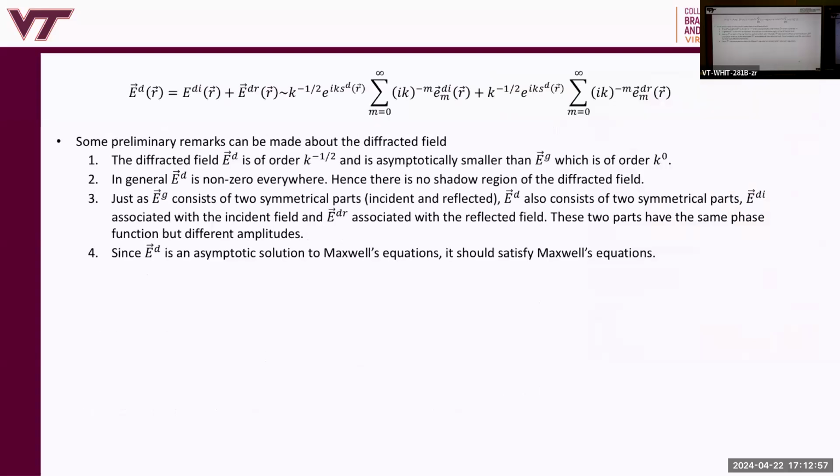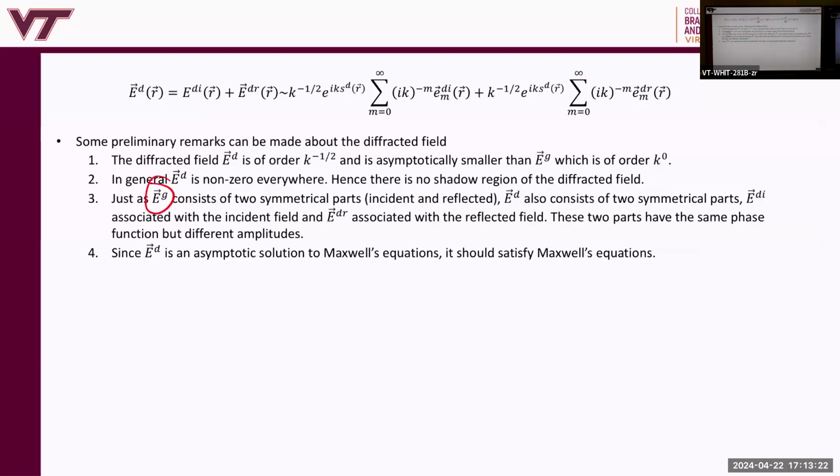All right. So some preliminary remarks can be made about the diffracted field. The diffracted field, E diffracted, is of order k to the minus 1/2. And it's asymptotically smaller than the geometrical optics, which is of the order k to the 0. Right? In general, E diffracted is non-zero everywhere. There's no shadow boundaries, no shadow region of the diffracted field.